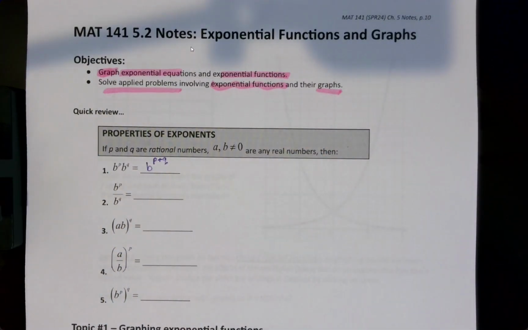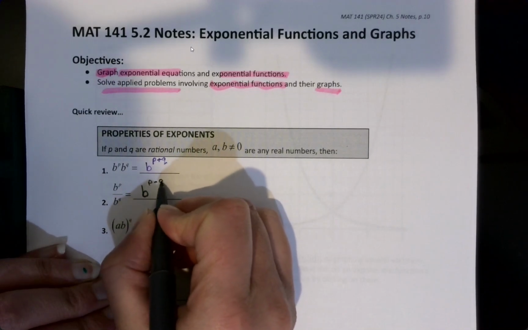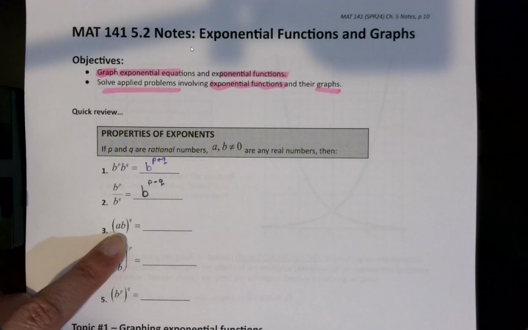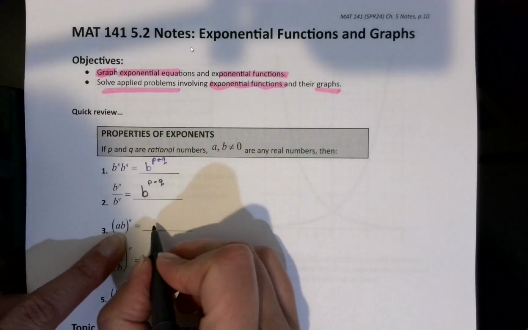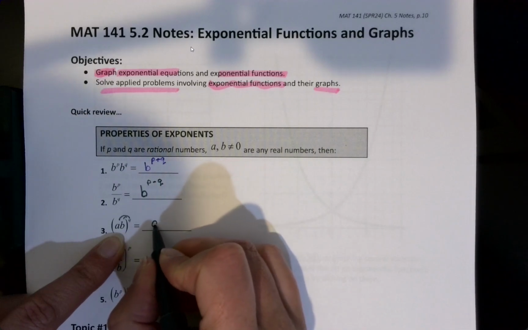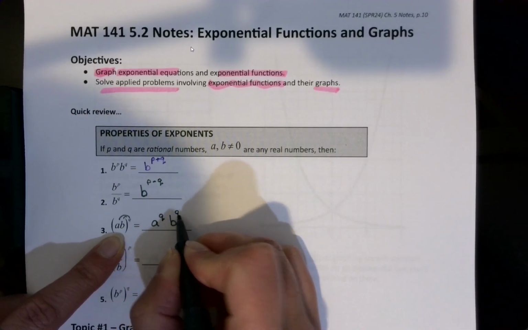If I have b to the p divided by b to the q, the result's going to need to have their exponents subtracted. So the result is going to be b to the p minus q. If I have ab to the power q, that power is going to be applied to both parts of the product. So we're going to have a to the q, b to the q.